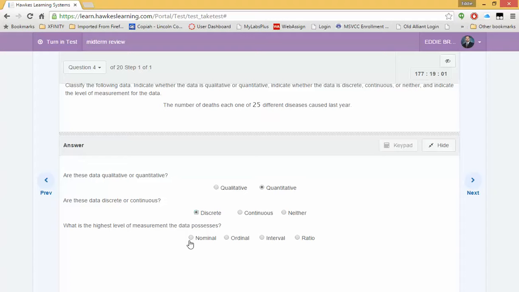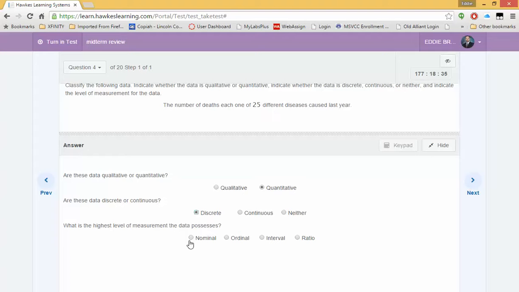So, there are things that maybe you could sort, but you can't add or subtract, divide, anything like that. So it's definitely not nominal. Ordinal, maybe they can be ordered somehow from least to greatest or something like that.